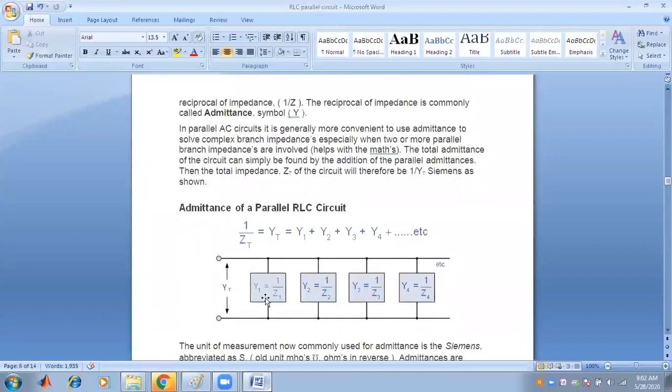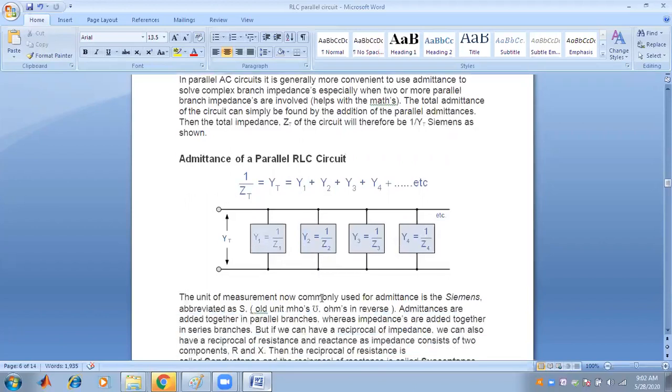Say all the impedances are known to us. So the total admittance is the summation, Y1 plus Y2 plus Y3 up to YN, where Y1 is 1 by Z1, Y2 is 1 by Z2.